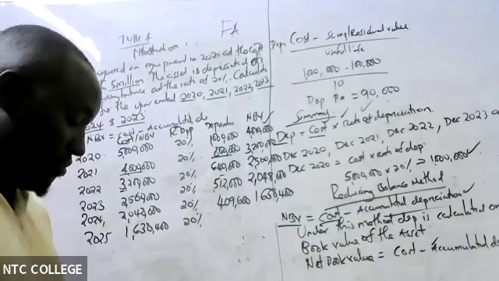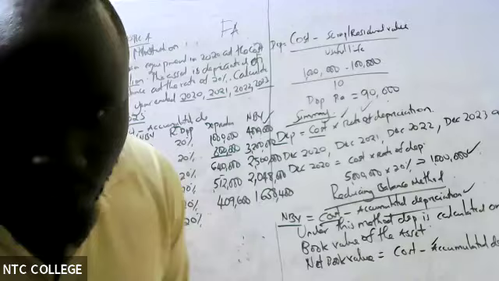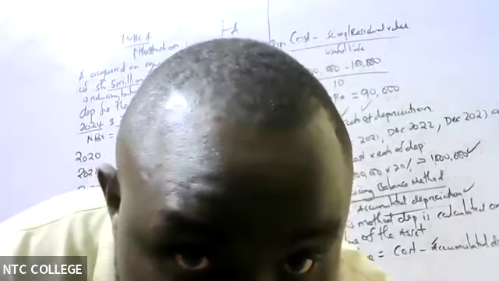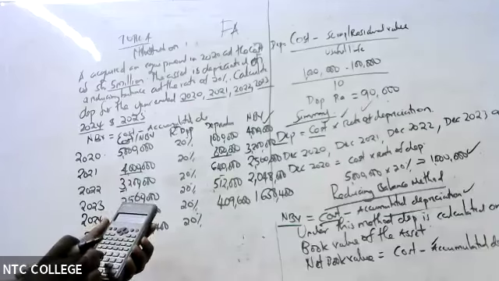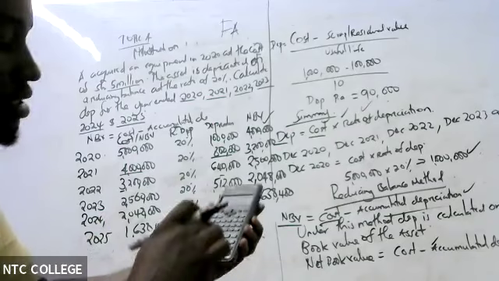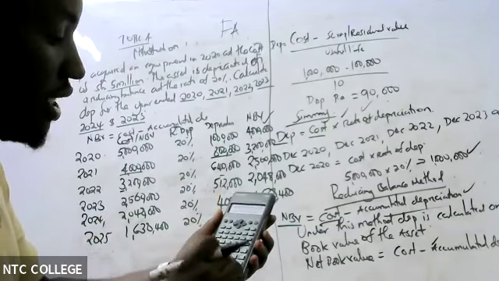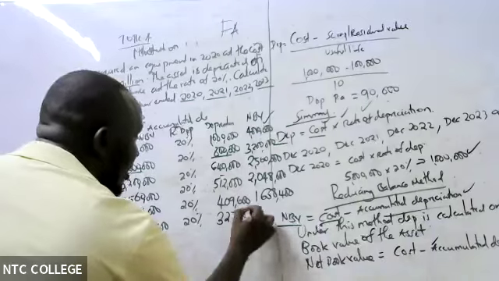You simply just take a calculator: 1,638,400 times 20%. See, that's 327,680. Are we having that?